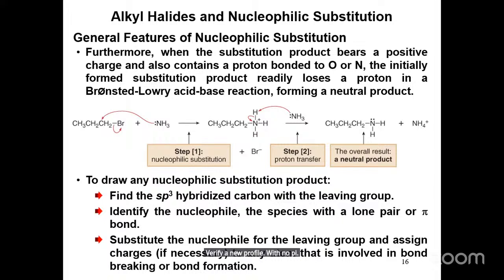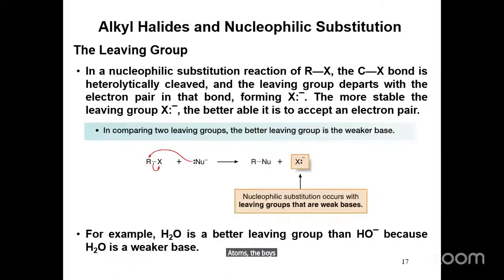Then we substitute the nucleophile for the leaving group and assign charges if necessary, and that's to be able to get the atoms and the bonds that are formed or broken. The leaving group is usually the halide or the halogen that is attached to the alkyl group.